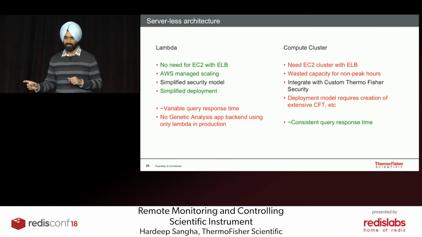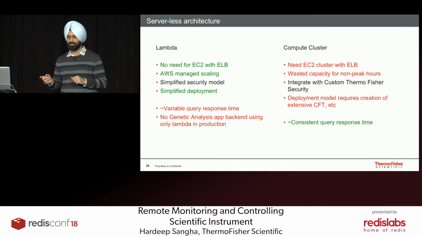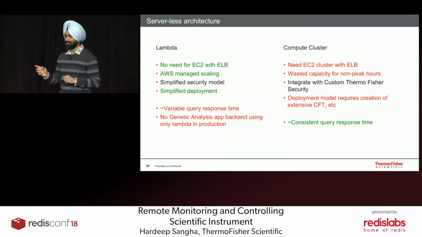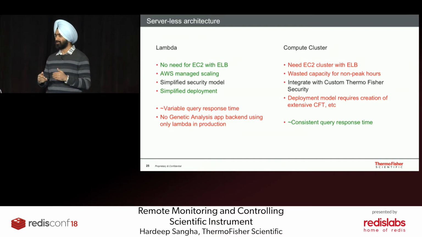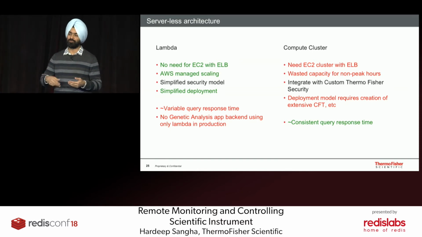The green wins at the bottom right: it's the consistent query response time. Lambdas have this cold start issue. You can solve some of it by running some sort of ping so that the container underneath serving the Lambda doesn't get recycled away, otherwise you have to respin the container and start serving.